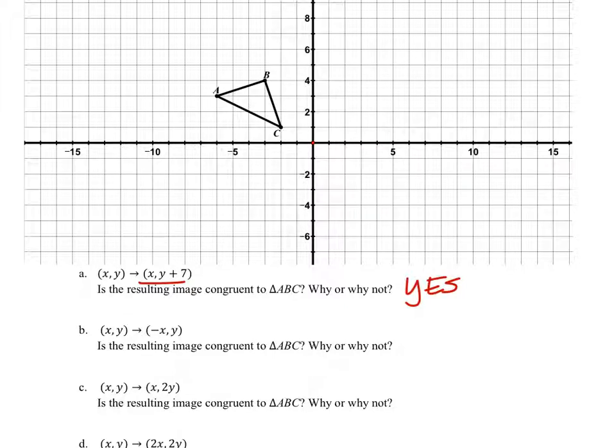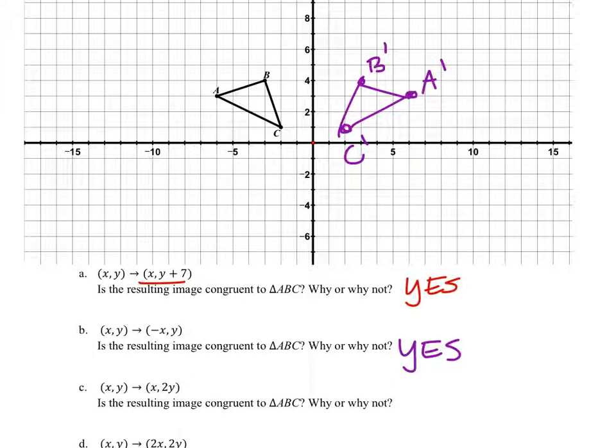And let's see what happens when we make the x's the opposites. This becomes C prime. B would be over here, B prime. And then A prime would be over here. So that is clearly a reflection. So the answer is yes, because the shape is the same size, if I had drawn it better, and the same shape.